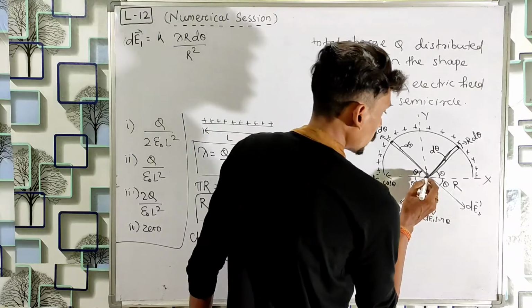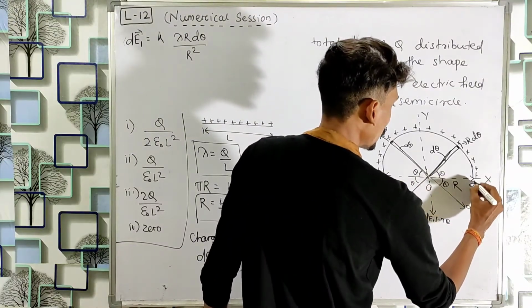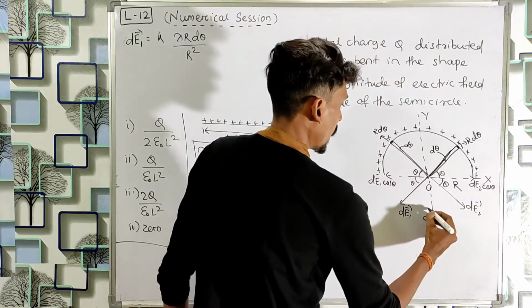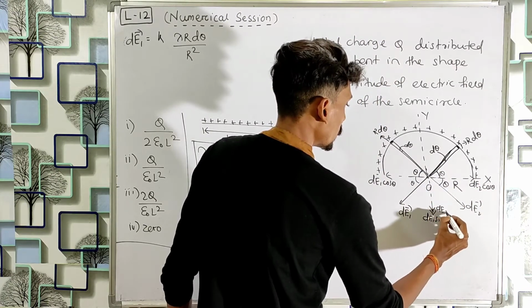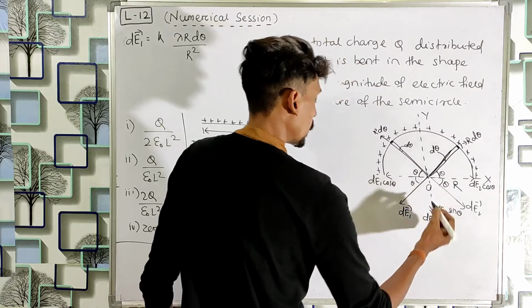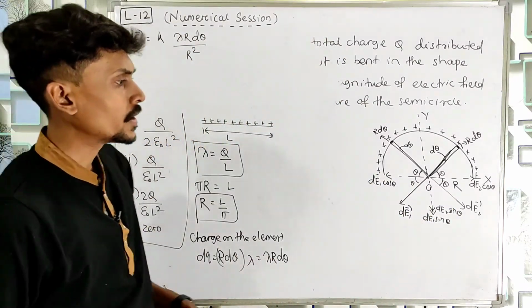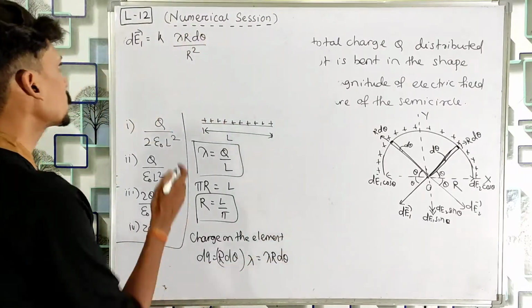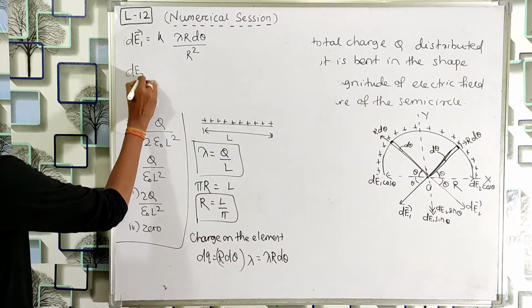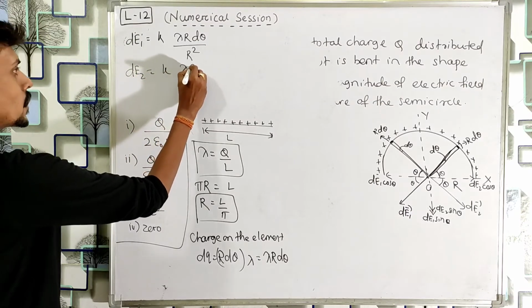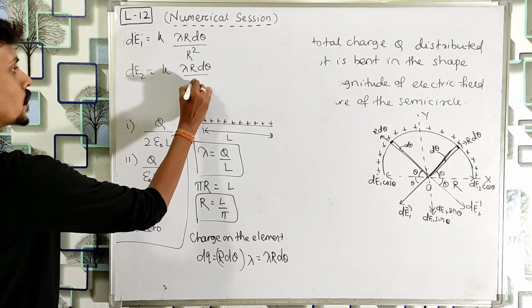Similarly, if you resolve the dE2 vector, you will get dE2 cos theta towards the right and dE2 sin theta in the vertically downward direction. So dE1 and dE2 have the same magnitude, because if you write the magnitude of dE2, it will be the same, k lambda r d theta divided by r squared.